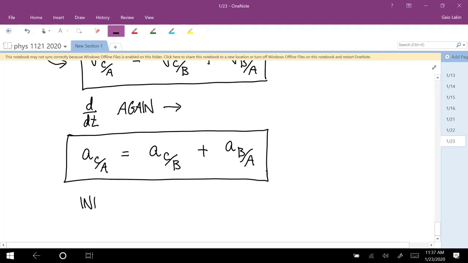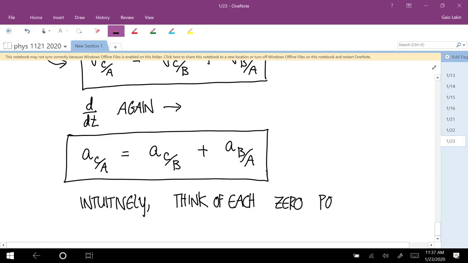Intuitively, think of each zero position as a video camera or an observer.